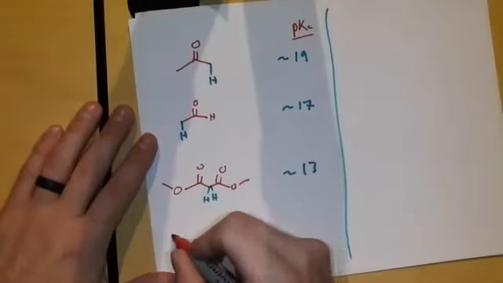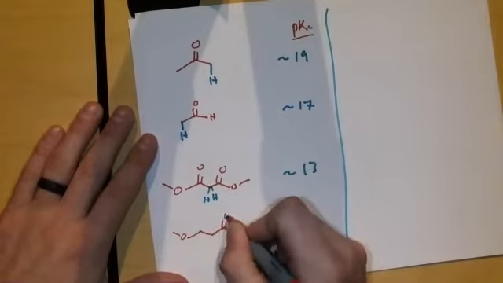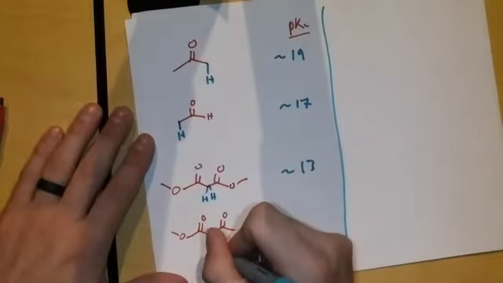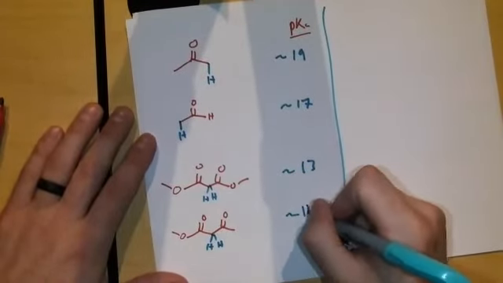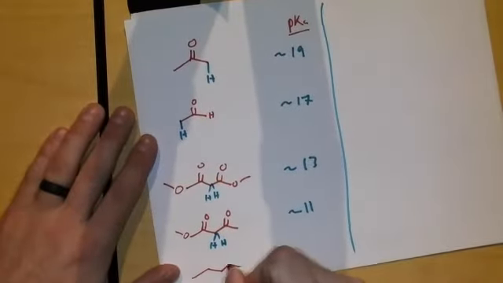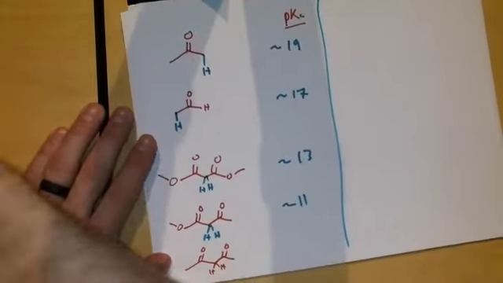If I remove one of the esters, so I keep the carbonyl, so ketoester, this is going to have a pKa of around 11. Diketone, going to have a pKa around 9.